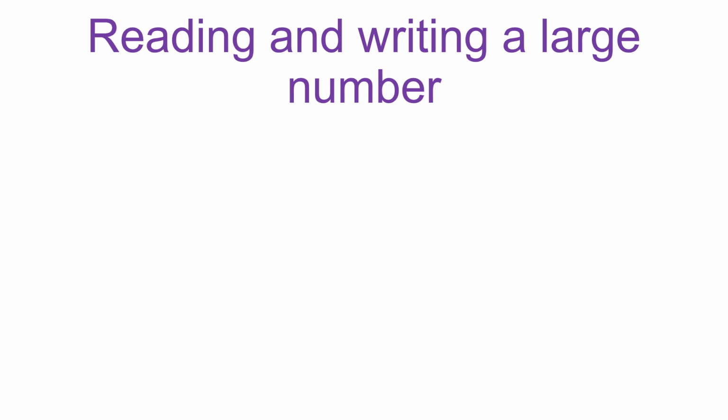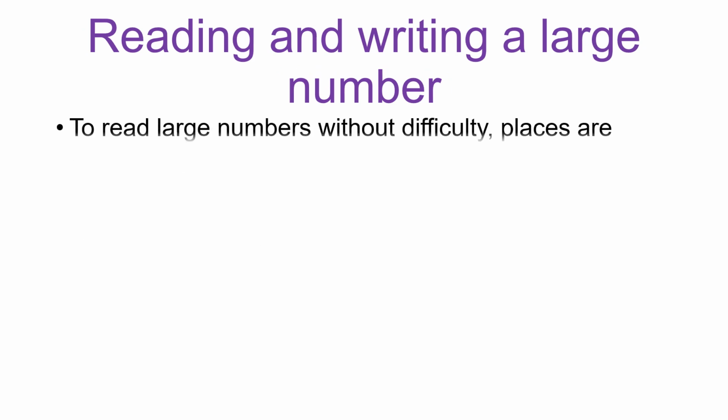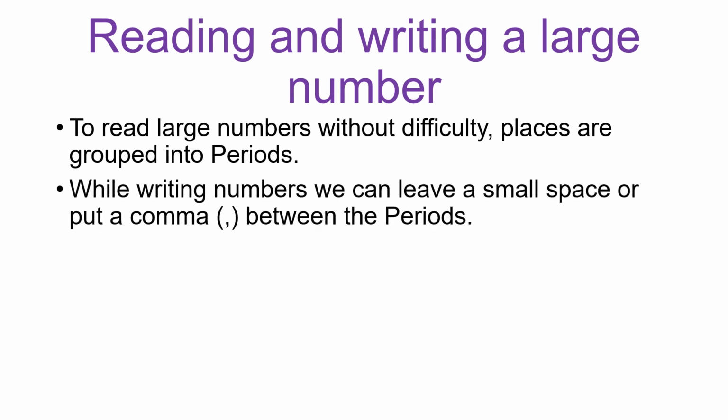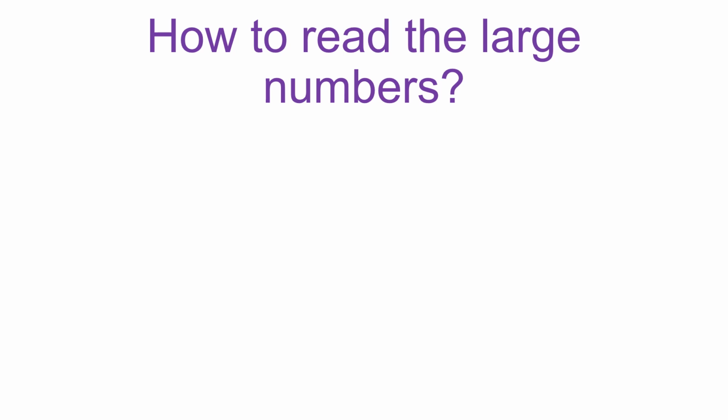Reading and writing a large number. To read large numbers without difficulty, places are grouped into periods. While writing numbers, we can leave a small space or put a comma between the periods. How to read the large numbers?